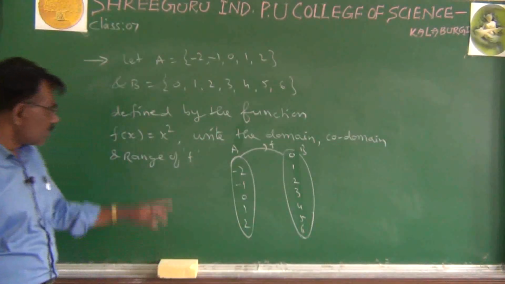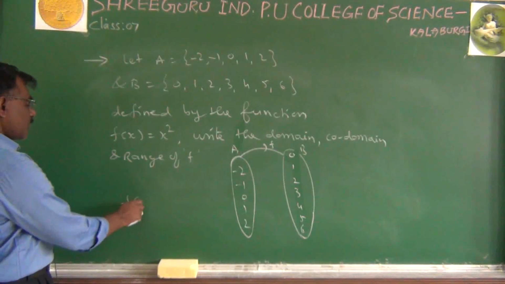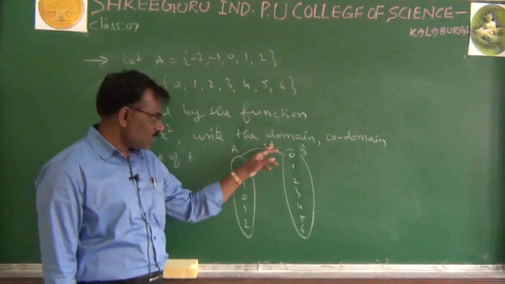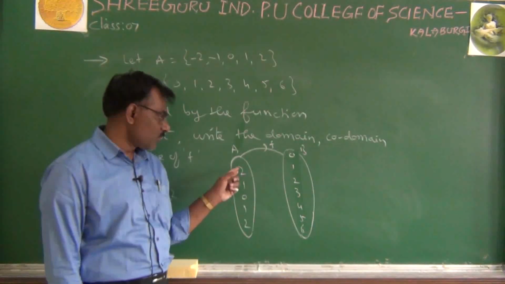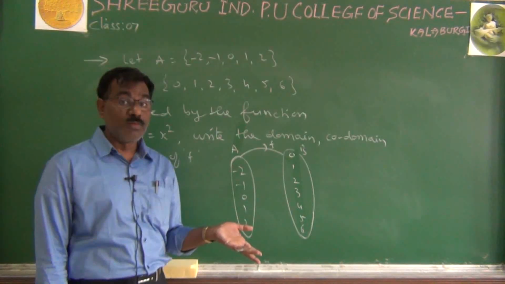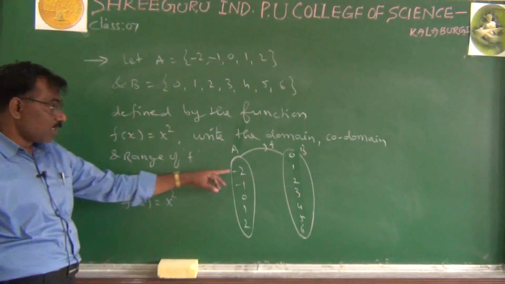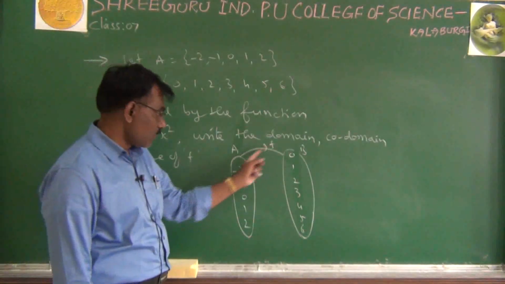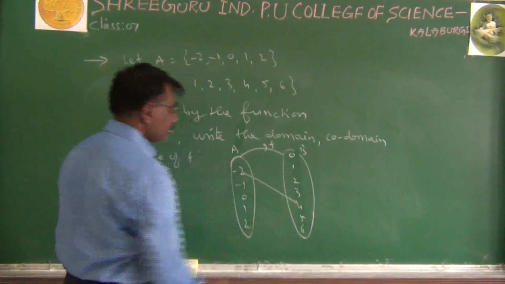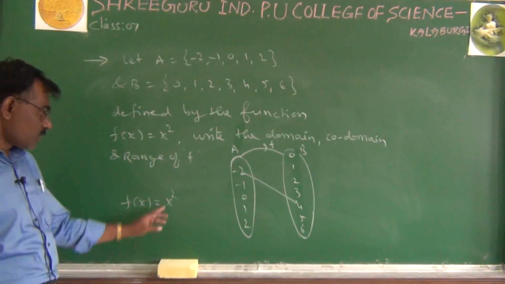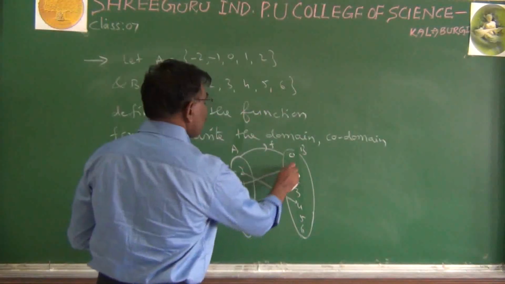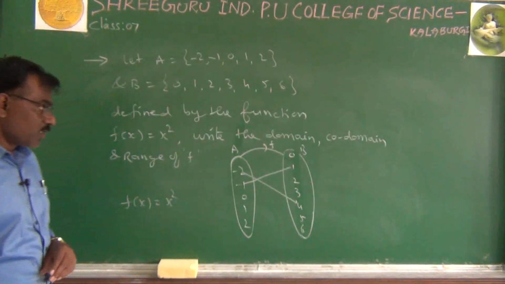Now f of x equal to x square. What is the function? f of A is B. Now substituting x is minus 2. What is f of minus 2? f of minus 2 is 4, because minus 2 square. What is f of minus 1? 1 only. f of minus 1 is 1.